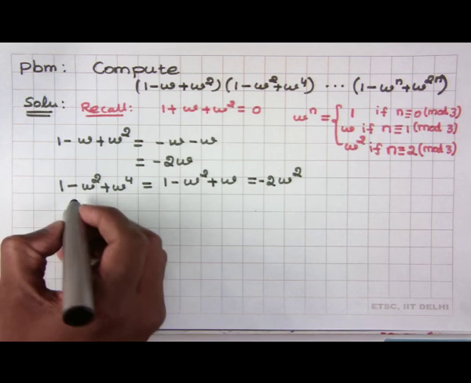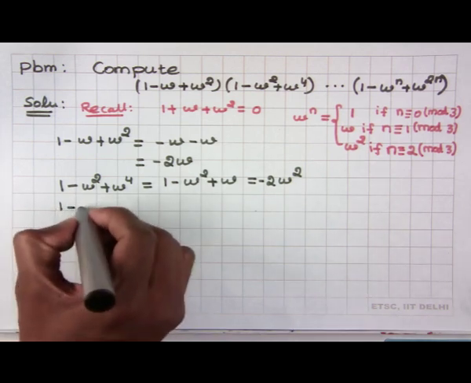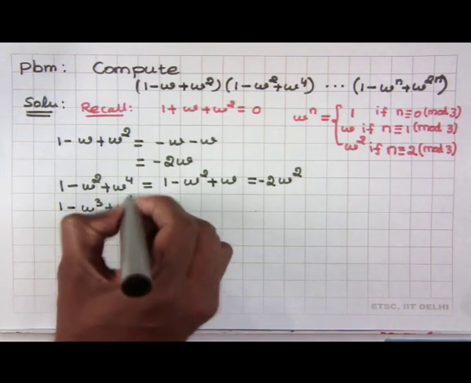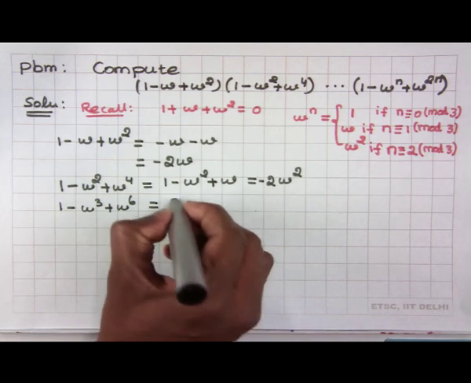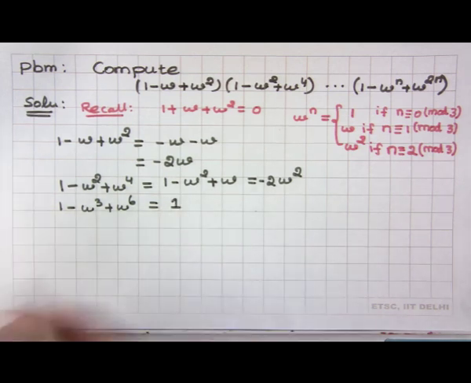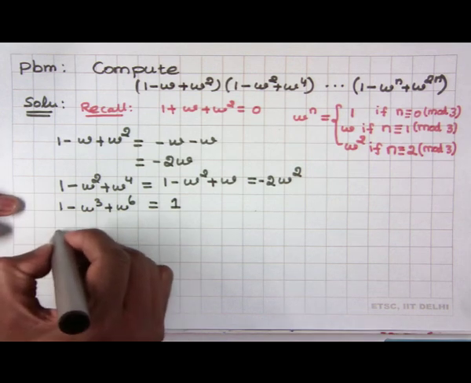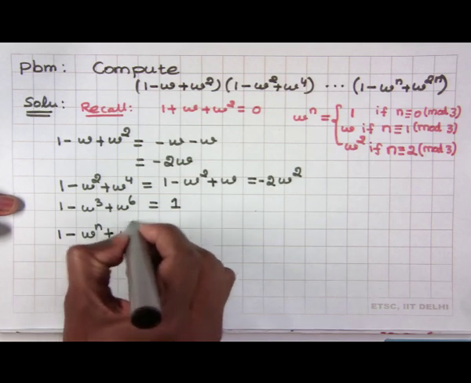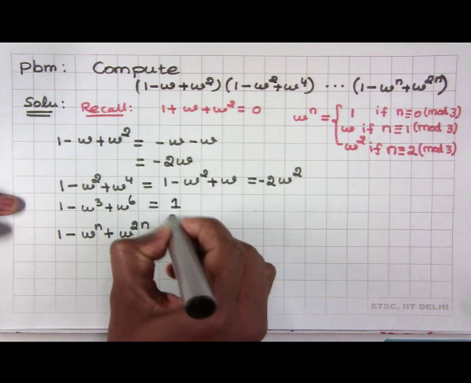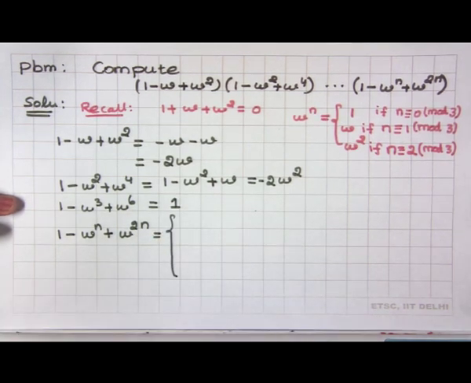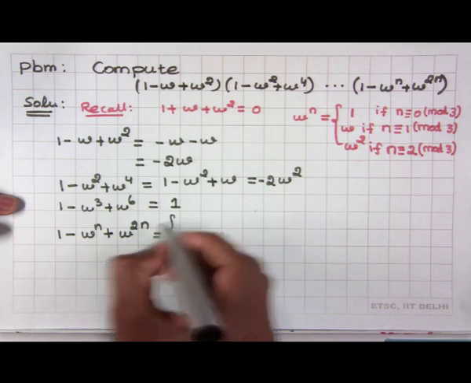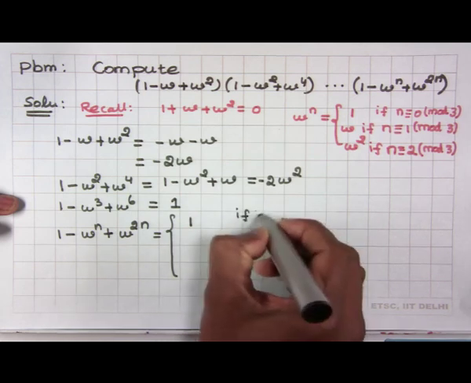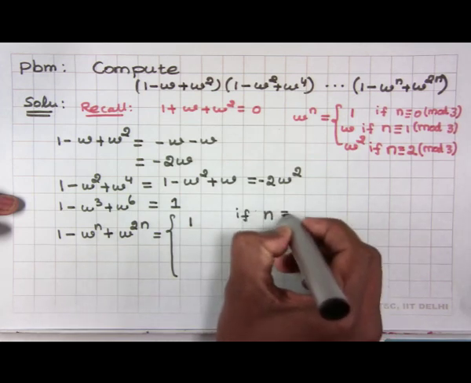If I go to the next expression, which is omega power 3 plus omega power 6, we see that immediately it is 1. So, the general observation is 1 minus omega power n plus omega power 2n, we will get the expression 1 if n is a multiple of 3.